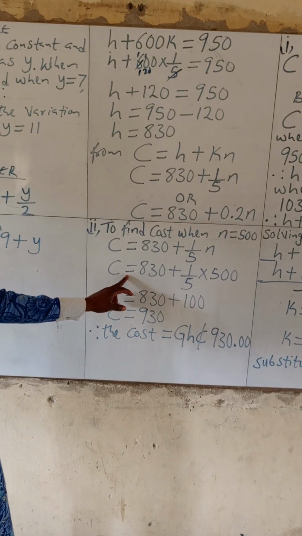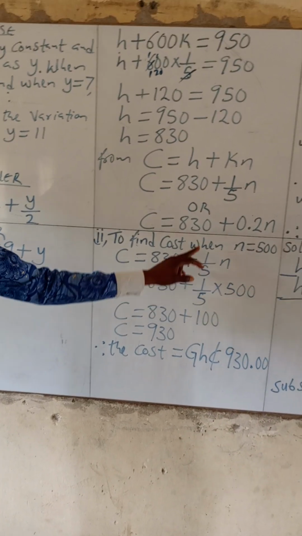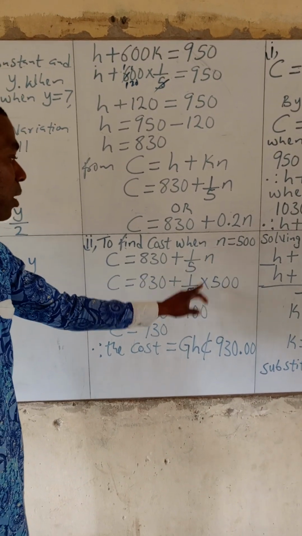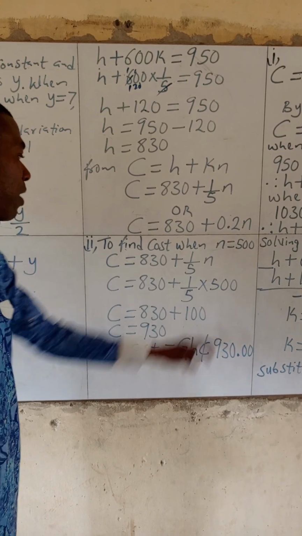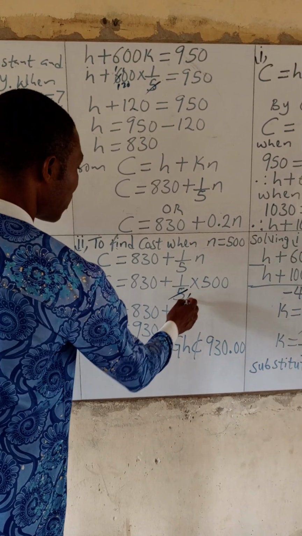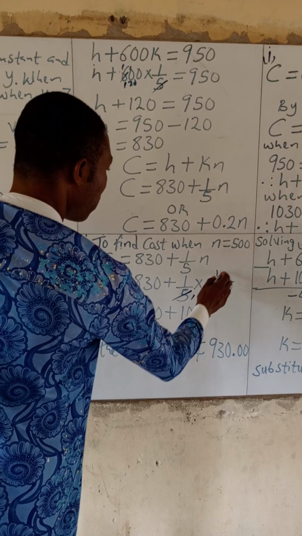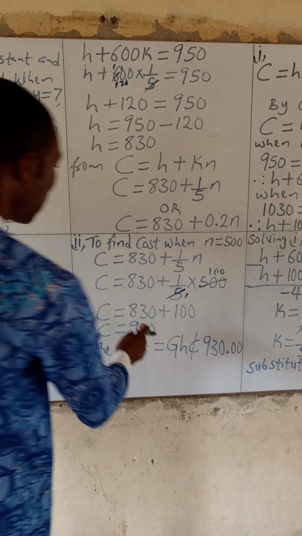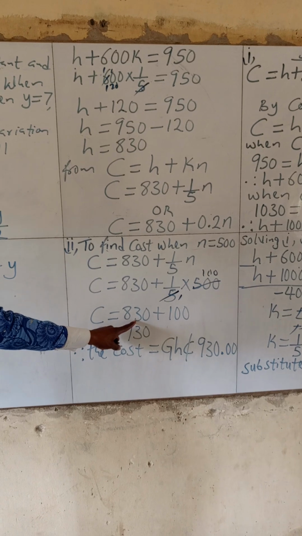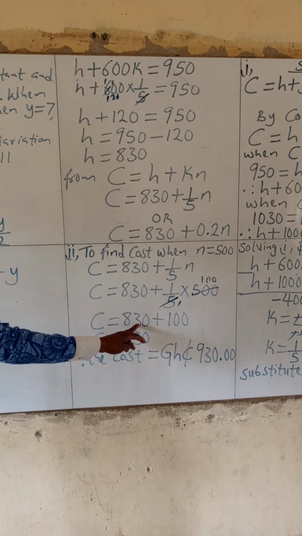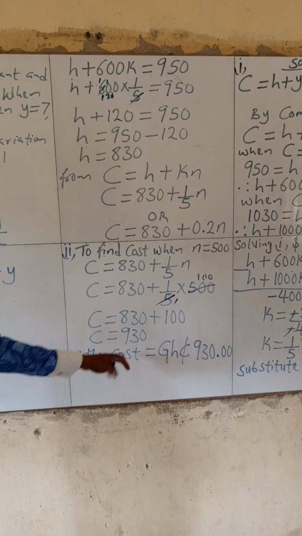So we have C equals 830 plus 1 over 5, and n is 500, so multiply by 500. 5 in 500 gives us 100. So we now have C equals 830 plus 100, which gives us 930.